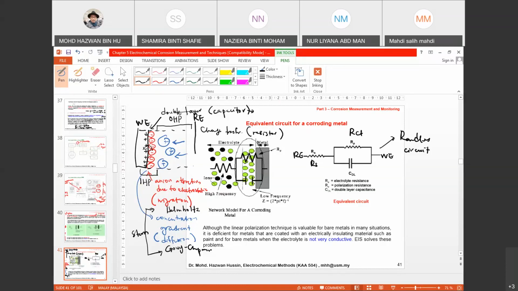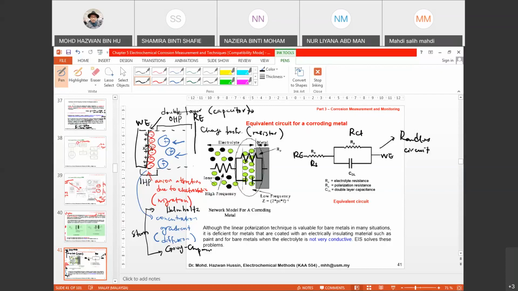But later on, along the way when you learn this part, when you have a coating, for example a layer of coating, then it will create another layer that we call coating capacitance or whatnot. But right now, you only see one type of capacitance produced. Yes, only one double layer. Okay, thank you, Doctor.